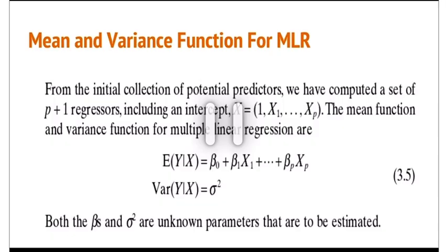But let me tell you this. We find ourselves in a world where at times a response variable may be related to more than one variable. And that is the reason why we want to focus on multiple linear regression, a situation where we are trying to investigate the relationship between a response variable and more than one explanatory variable.